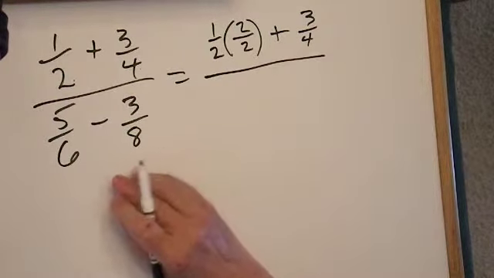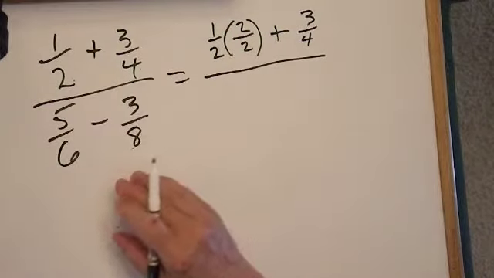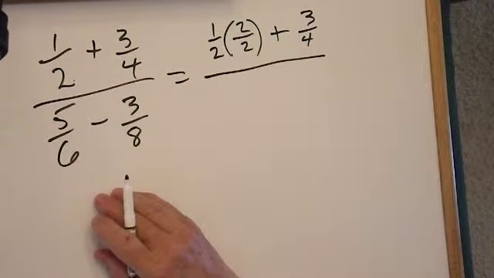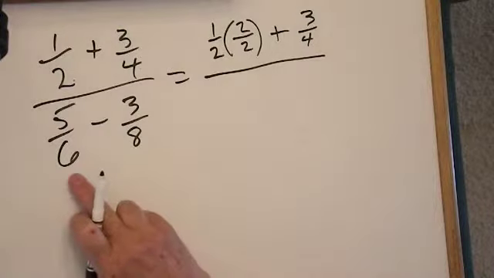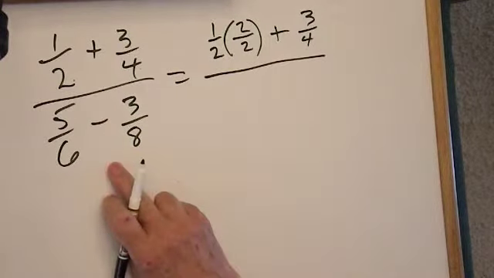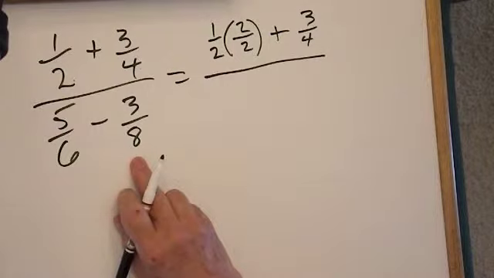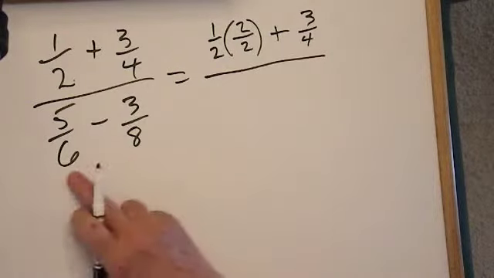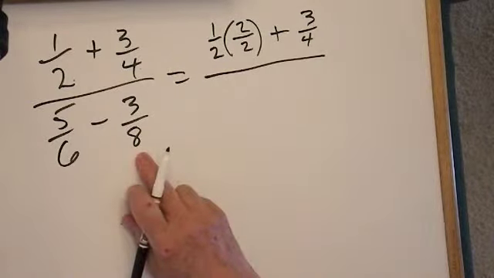Here for the denominator of our complex expression, we're looking for the common denominator of 6 and 8. So what is it that they will both divide into? Well, they will both divide into 24. 6 divides into 24, 8 divides into 24.